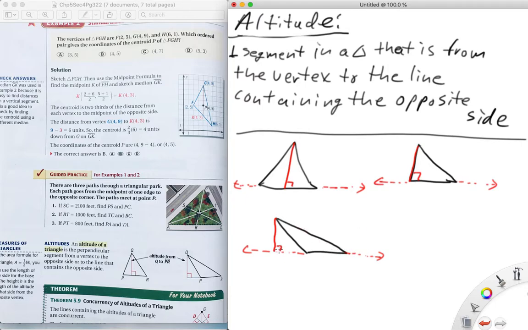And we can do the same thing for all of these guys. So this guy here, and then the opposite side of this guy is here, so this isn't so bad. Here, and then the opposite side of this guy is this guy.